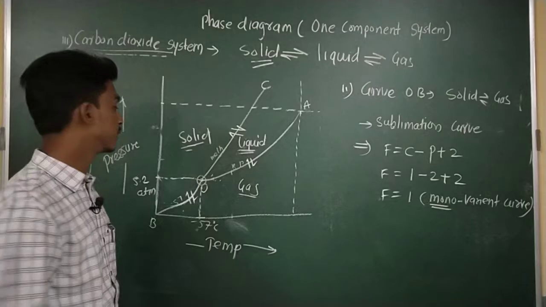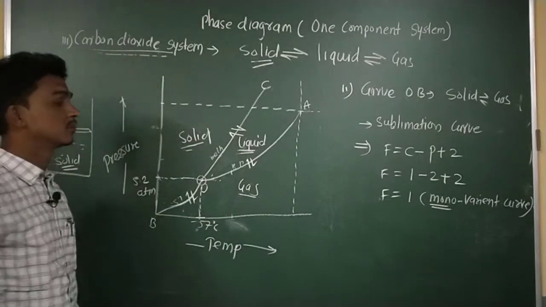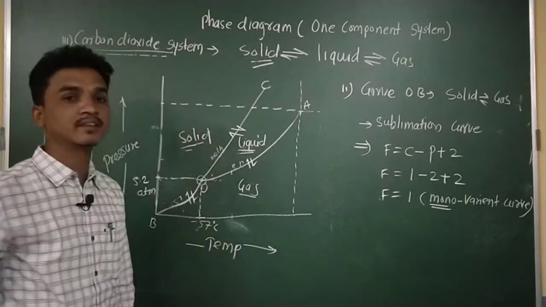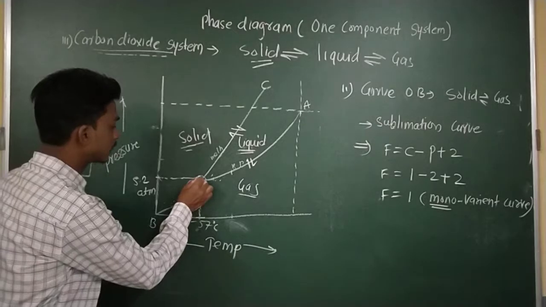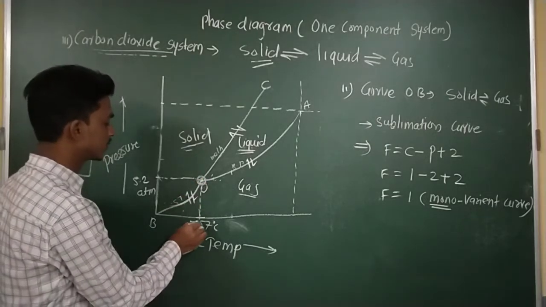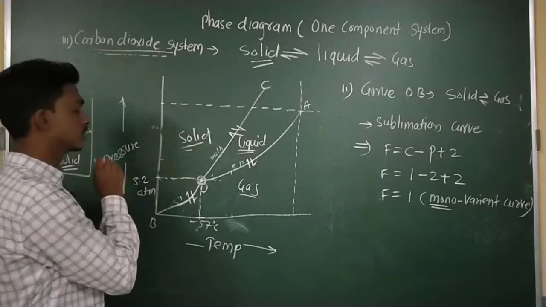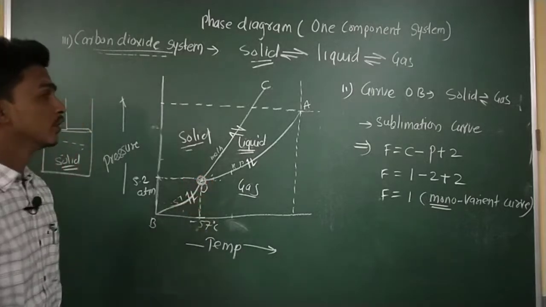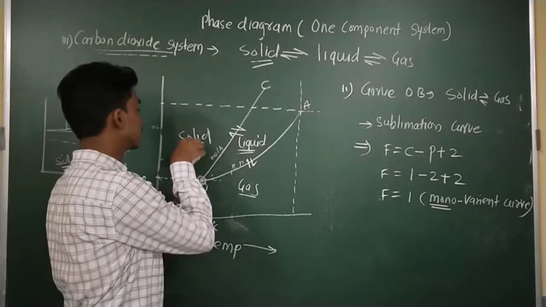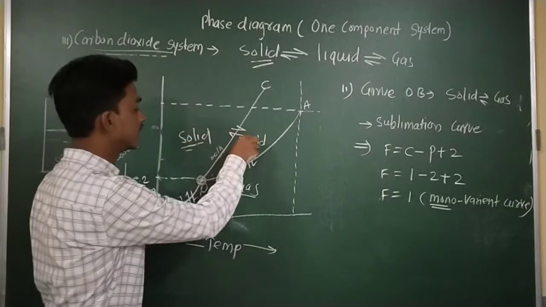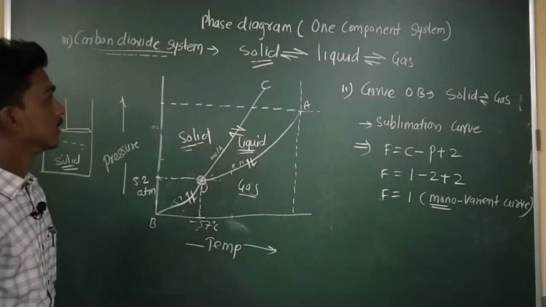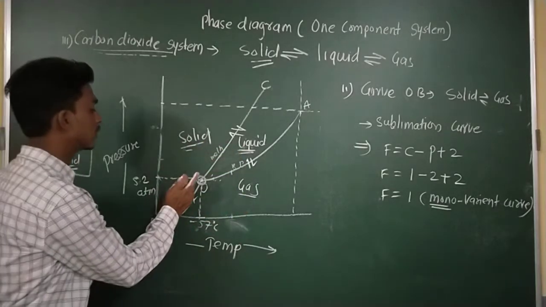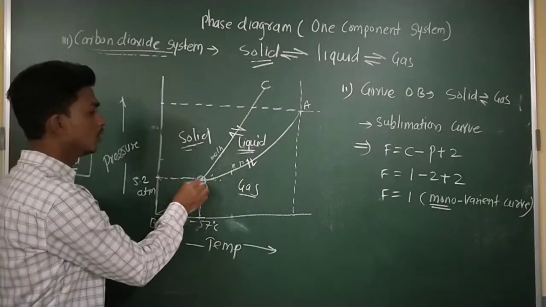So if you are performing experiments on the carbon dioxide system and you want carbon dioxide in solid, liquid and gaseous state, then you have to collect the sample from this point, and at this point the temperature is minus 57 degrees Celsius and the pressure is 5.2 atmospheres. At this point carbon dioxide exists in solid, liquid and gaseous state, and if you want these three states, you have to collect the sample from this point. And this is the non-variant system.